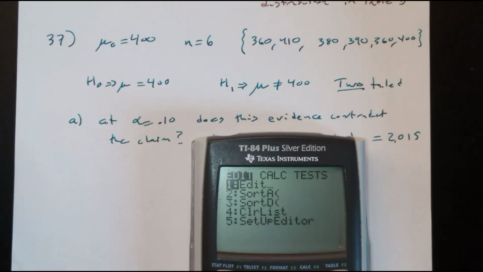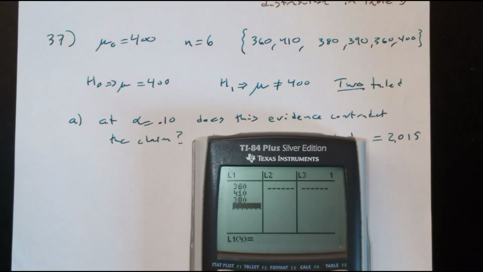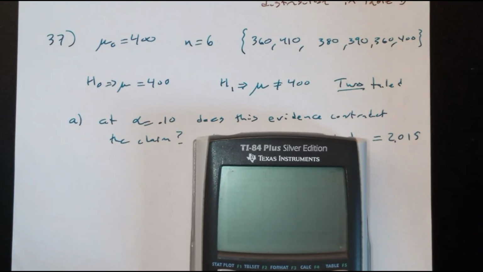Stat, edit a list. Let's put in these numbers: 360, 410, 380, 390, another 360, 400. There's my list. And now I can go stat calculate.